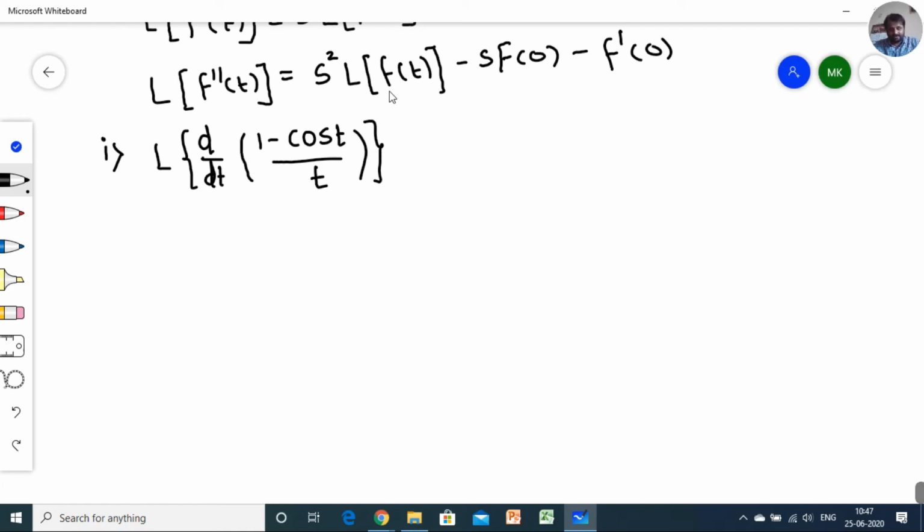Similarly 1 minus cos t is here, so we have to use the 1 minus cos t concept and calculate the Laplace here.